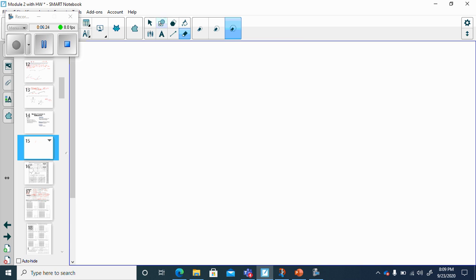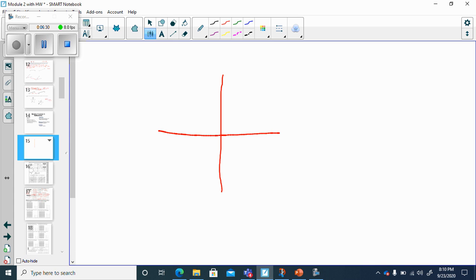So if we're dealing with a coordinate plane, this is your x-axis and this is your y-axis. If I'm looking at directions on here, these are going to be my bigger positive numbers. They're going to keep getting bigger and bigger. If you're going this way, it's like a number line. You're going more and more positive this direction. On this side, you're going to have negative numbers on the x-axis.